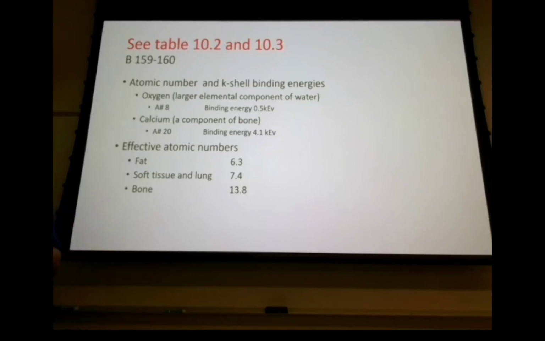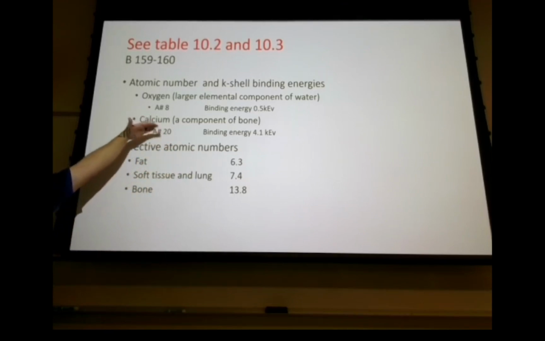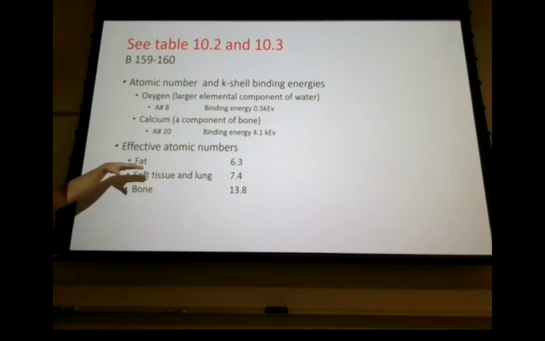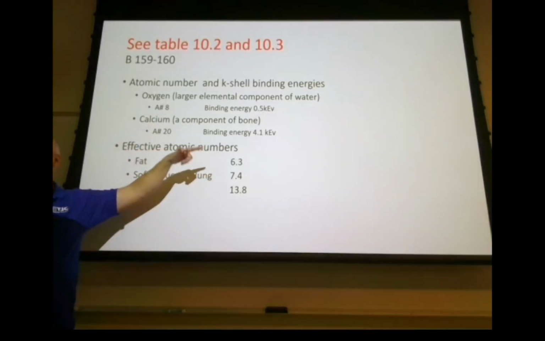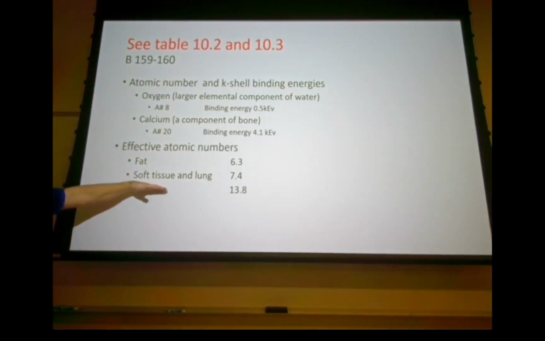You take all that stuff that the bone is made of, and also the soft tissue, and put it together, and these are the effective atomic numbers. You'll hear that referred to as Z number. We may use that to refer to atomic number too. And they may say Z-eff. That's Z effective, and that's what these are.